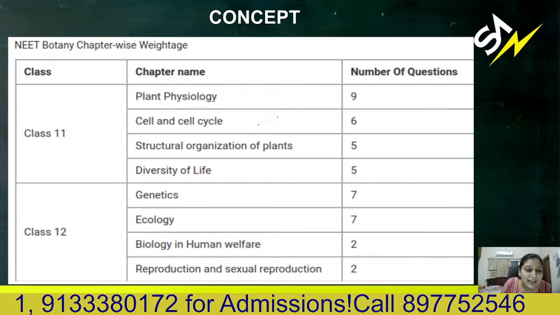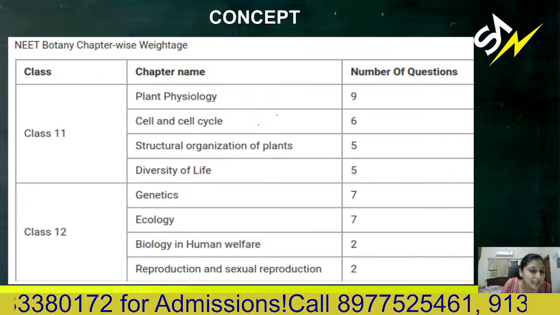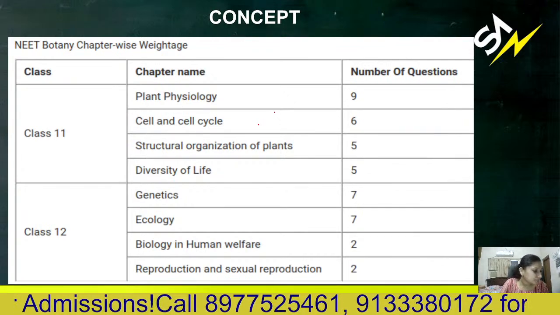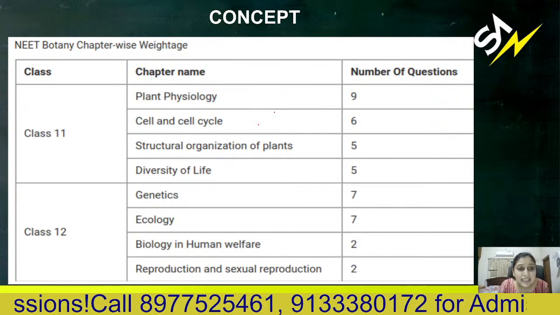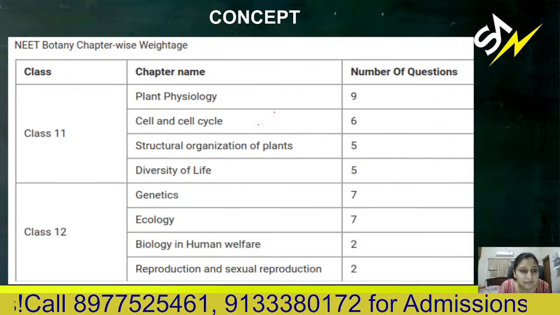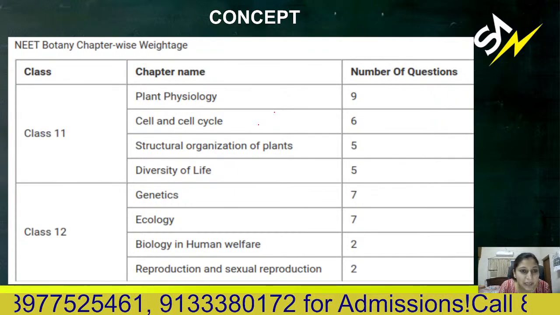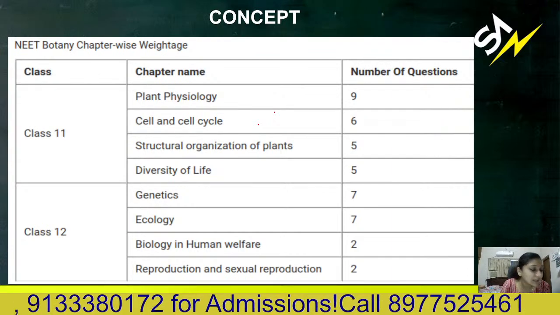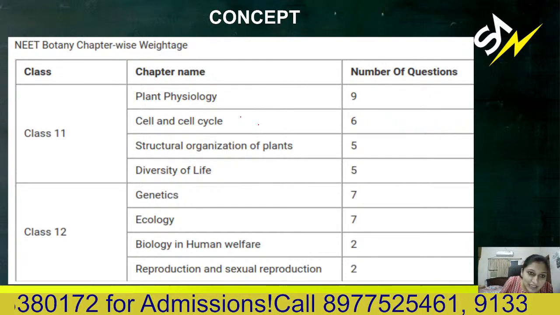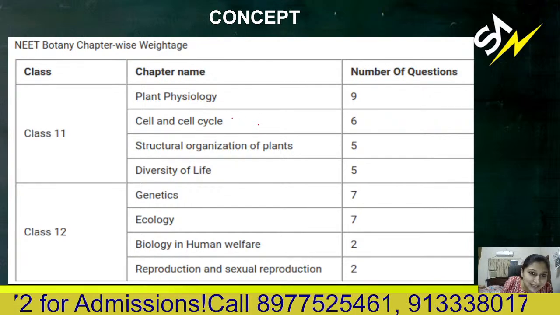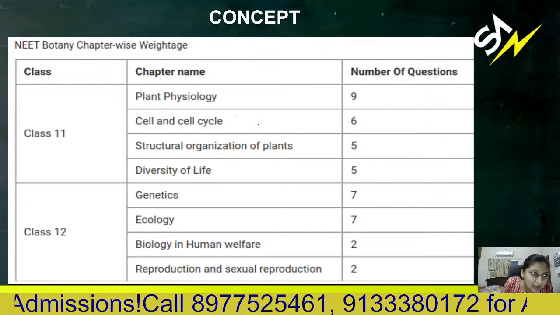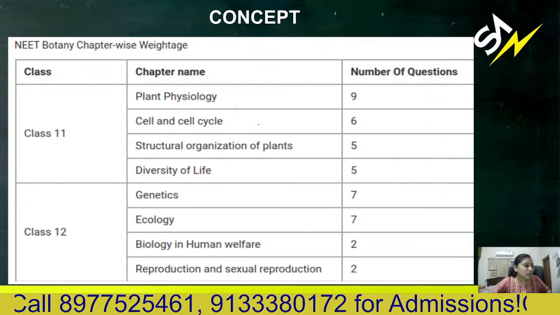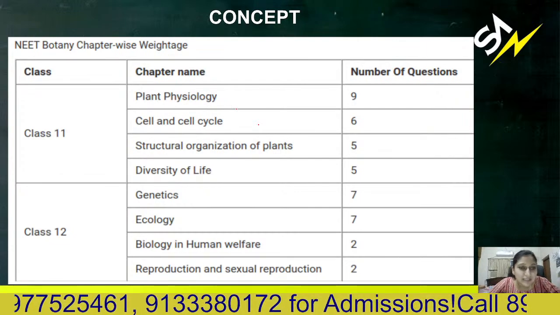Then the second important unit is cell and cell cycle. See, it's an easy-peasy unit, short and sweet, cell and cell cycle. Still it will give you 6 questions. You are studying the cell and cell cycle from 8th standard, right, Bhavna, Kiran and Gita, and those who have joined this class.